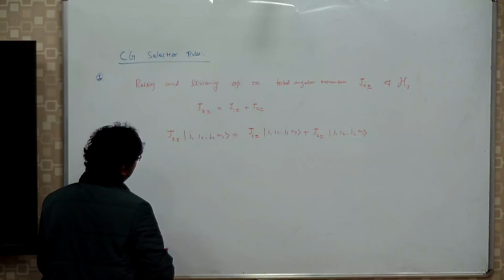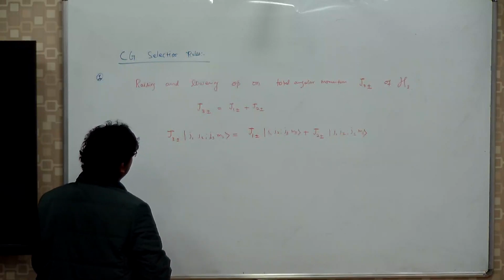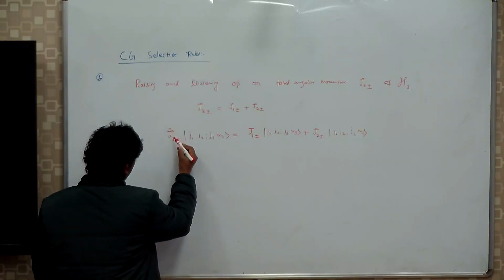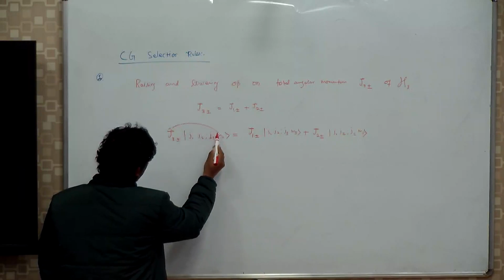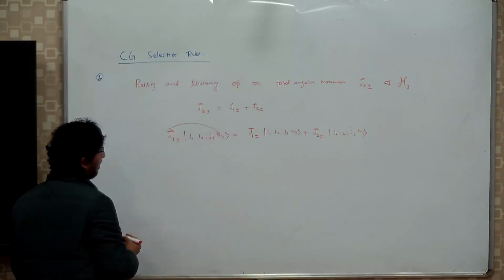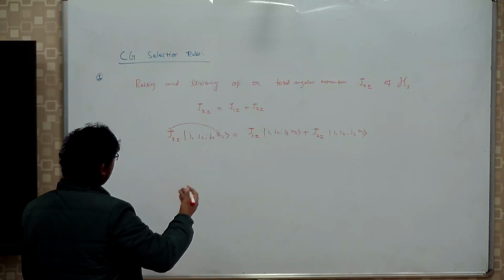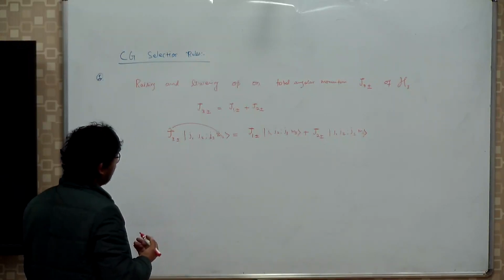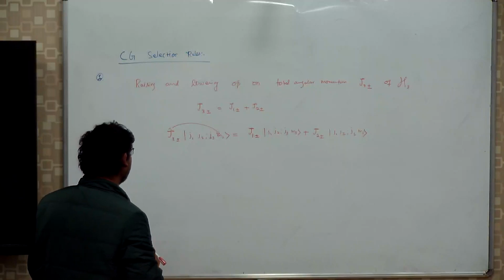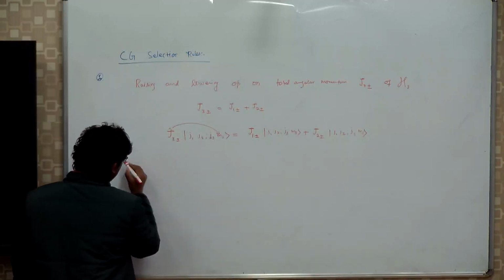It is a raising and lowering operator. Being a raising and lowering operator, it always acts on the magnetic quantum number by one notch, either upward or downward.